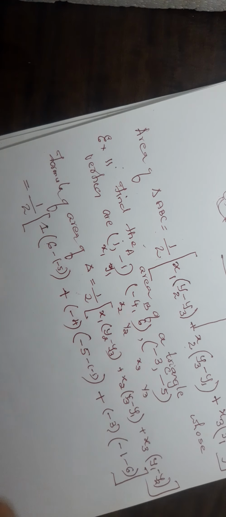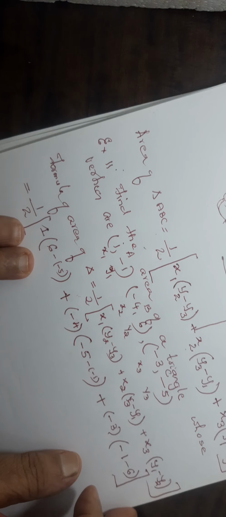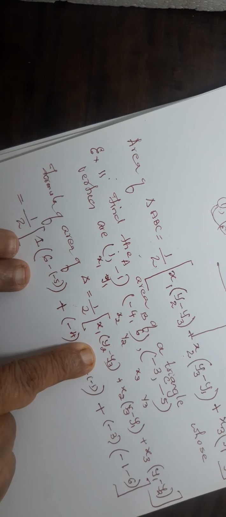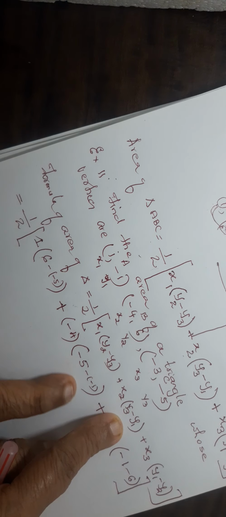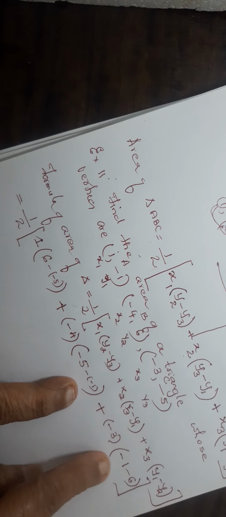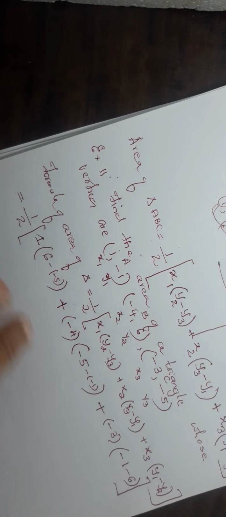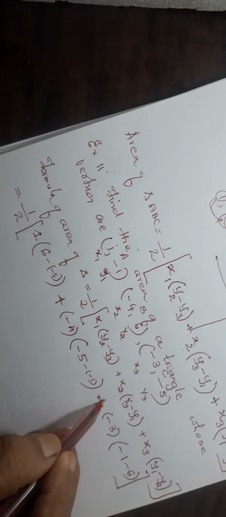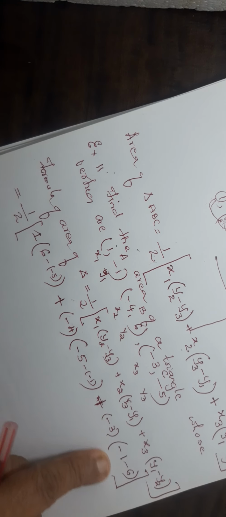See y2 minus y3, I have written here. Now y3 minus y1. So y3 is minus 5 minus of minus 1. It is better if it comes below that only. I have taken little this side, so I find little difficult, I think. x3 is minus 3 and y1 is minus 1 and y2 is minus 6.